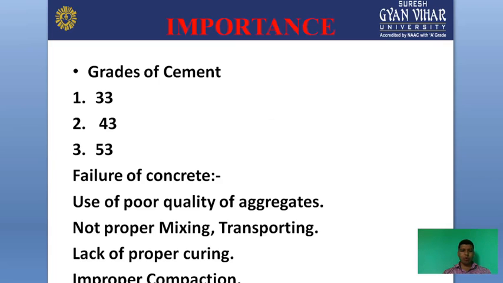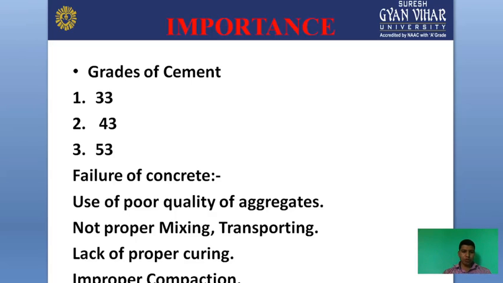Now the importance of cement. Cement is classified into three grades. The first one is 33, the second one is 43 and the third one is 53. The 33 grade of cement is normally used for patchwork.